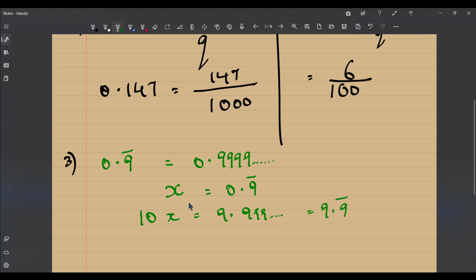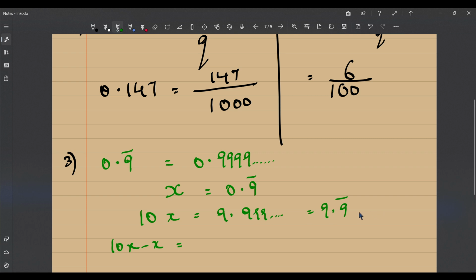Now subtract one from the other, 10x minus x. Now we would be eliminating all these decimal places by subtraction.